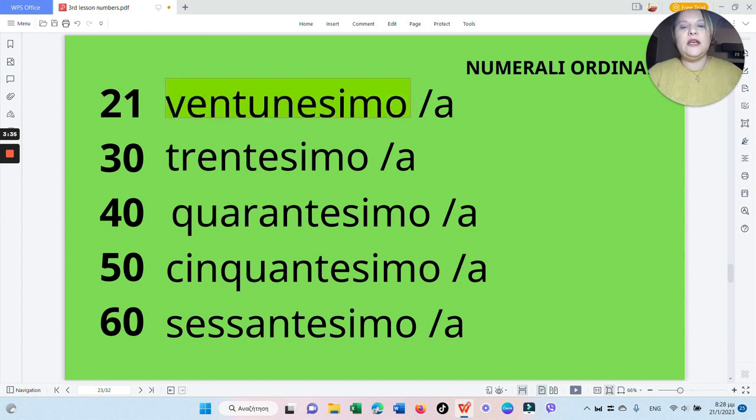As you see here, the last vowel is missing too. I don't say ventunoesimo, but ventunesimo. 21st. 22nd. Ventiduesimo, etc. Trentesimo. Quarantesimo. Cinquantesimo. Sessantesimo.